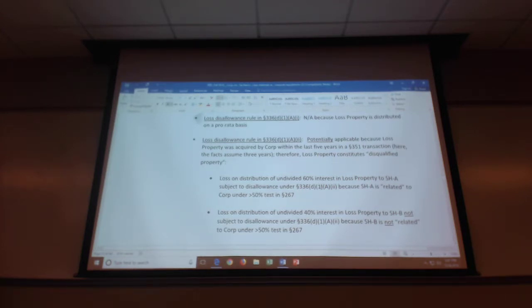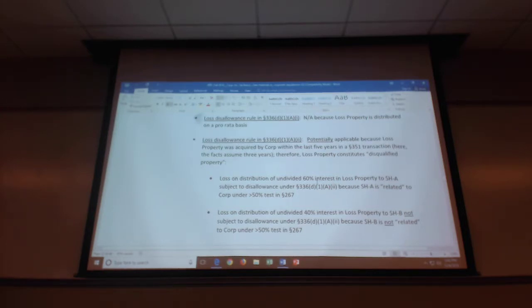Well, each shareholder is viewed separately. Shareholder B, who has 40%, is not related to the corporation. Therefore, the distribution of a 40% interest in the property does not trigger the loss disallowance rule.